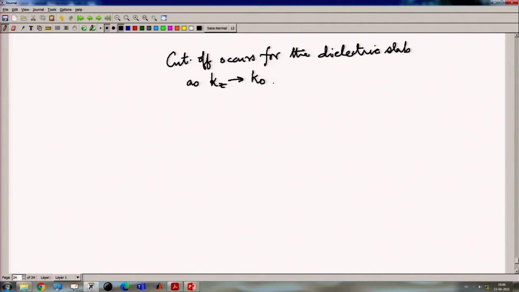This behavior of the dielectric slab will occur below cutoff, when the dielectric strip will behave like an antenna. So, k z approaching k 0 is the same as V approaching 0, and therefore, the cutoff frequencies can be obtained from the characteristic equations by setting u equal to root of k d square minus k 0 square.